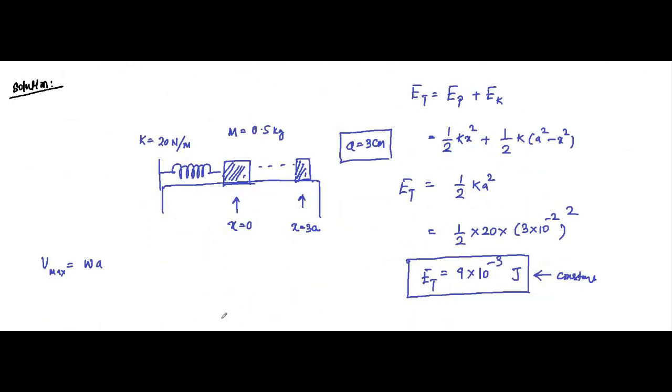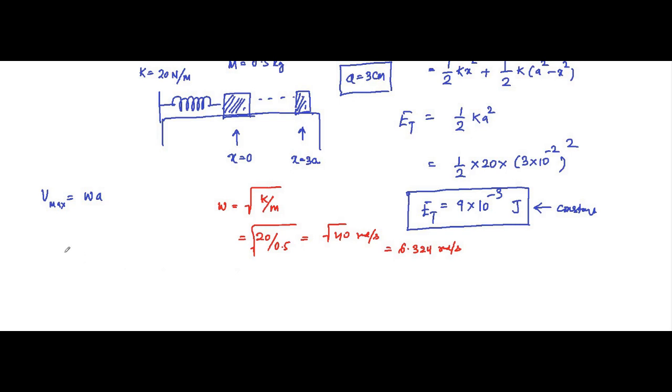Omega is equal to root over of k by m, spring constant by mass, equal to root over of 20 by 0.5, which is basically root over of 40 radians per second. If we calculate the decimal value, it is coming around 6.324 radians per second.